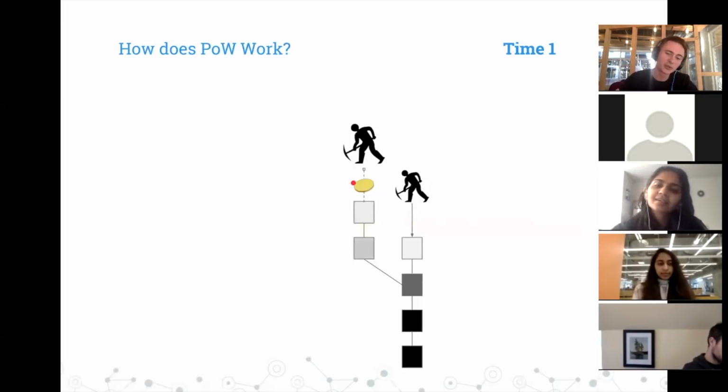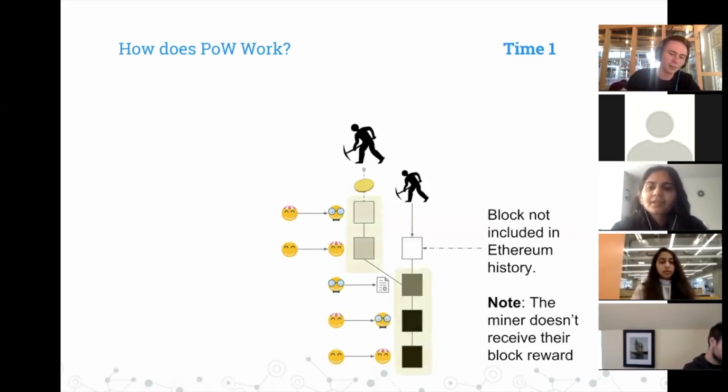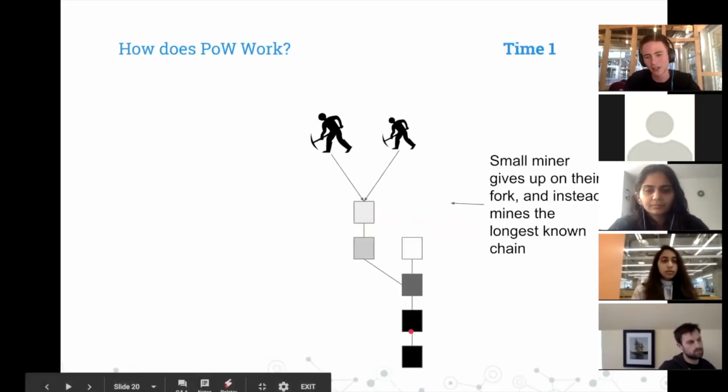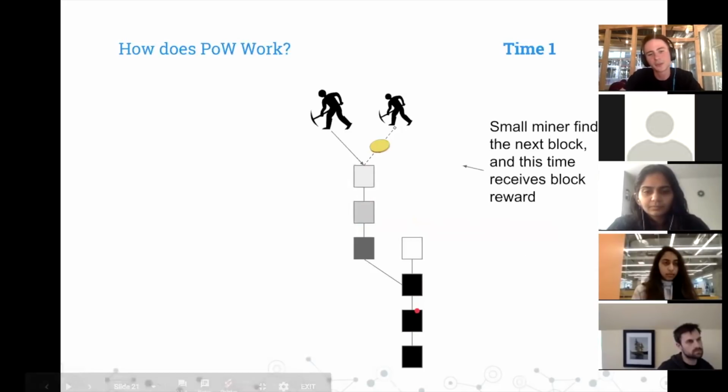Cool. So basically we have this incentive because this block was not included in the history, and that block reward is not going to the miner, there is this incentive for this miner to switch over and mine on the longest chain, right? So this is like, okay, cool, proof of work works.